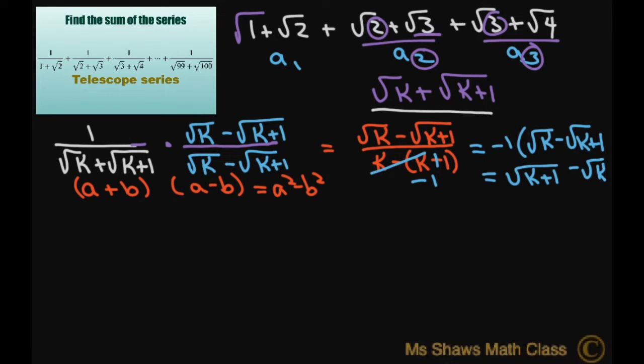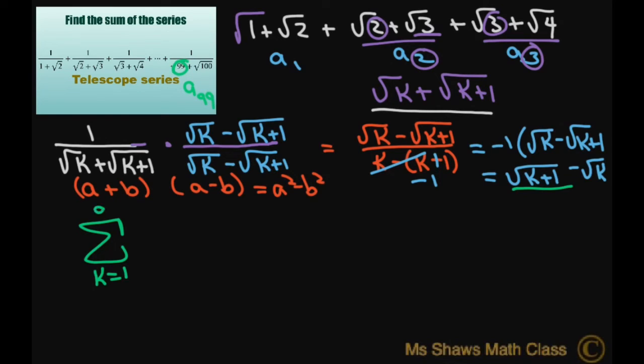So therefore what I want to do is write this as, let's see here, we're going to write this as the sum, and we're going to go k equals 1, and we're going to the last term, so this would be a sub 99, right?